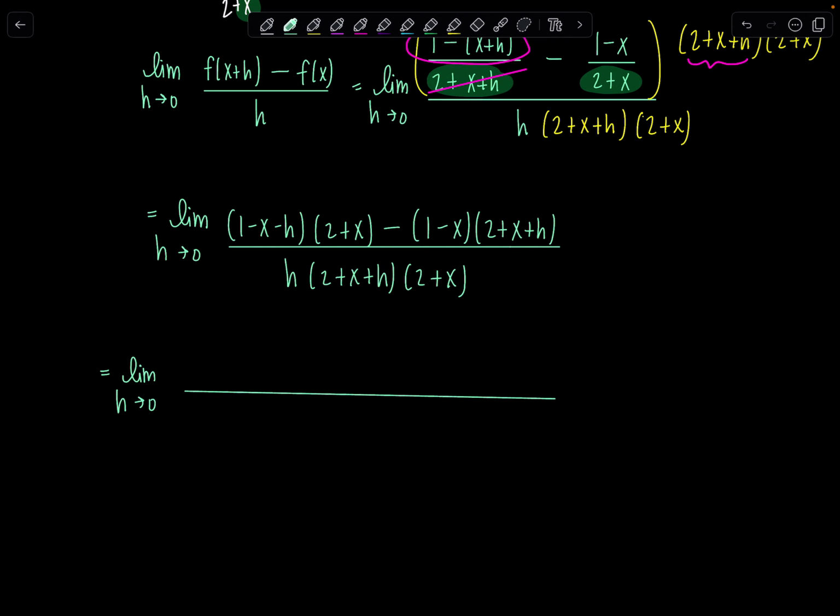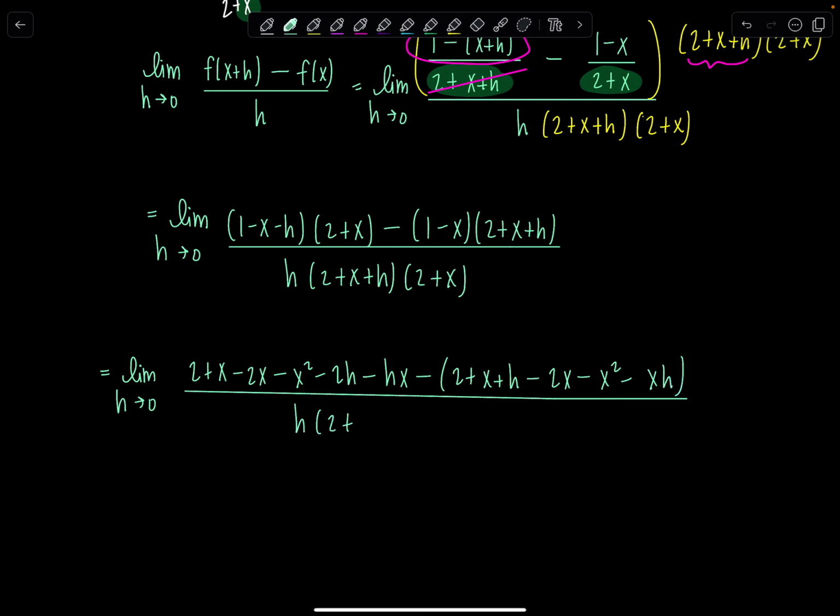So here we're going to have 2 plus x minus 2x minus x squared minus 2h minus hx minus, let me put parentheses so I don't do too much at once in my head, 2 plus x plus h minus 2x minus x squared minus xh over everything in the denominator.